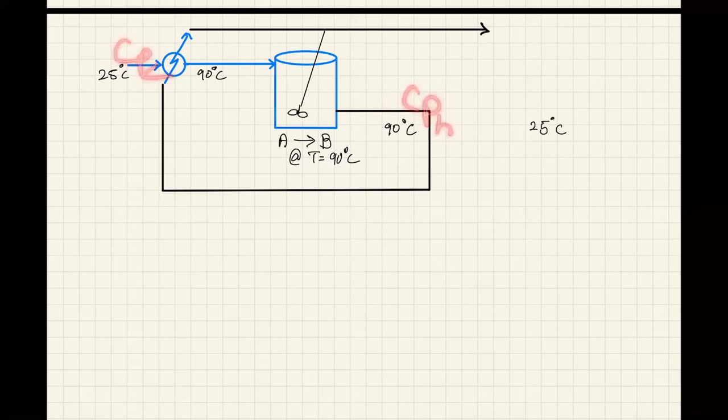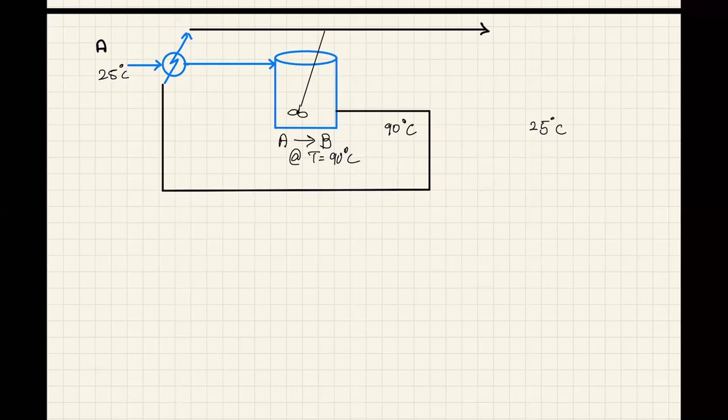So we cannot say that 100% of energy requirements are reduced, but we can say up to a certain extent the energy requirements can be reduced. So we cannot actually predict the outlet temperature of the final A reactant stream that has been coming out over here. Do you guys agree with me on this?